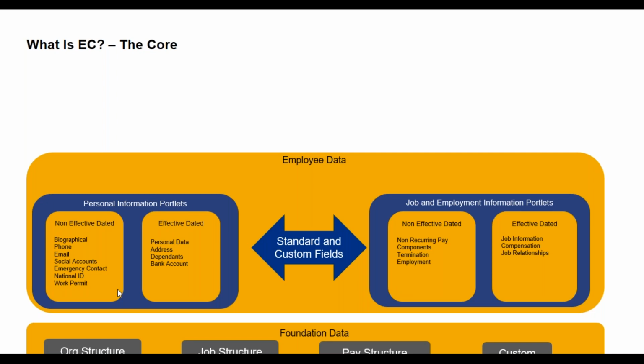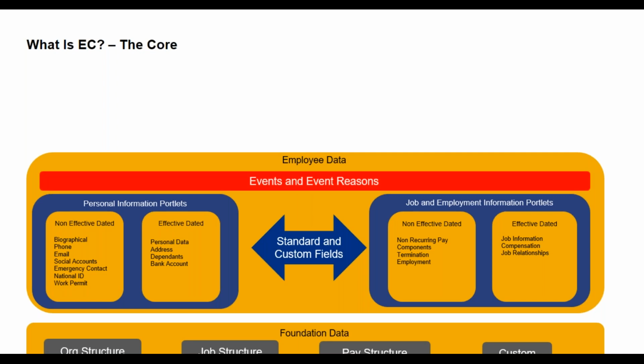While creating or inserting a record in job information or comp information, we have to choose an event and event reason. Events are nothing but the transactions that we process for the employee, which we discussed yesterday. We have system standard events, up to 20 standard events available in the SuccessFactors system.